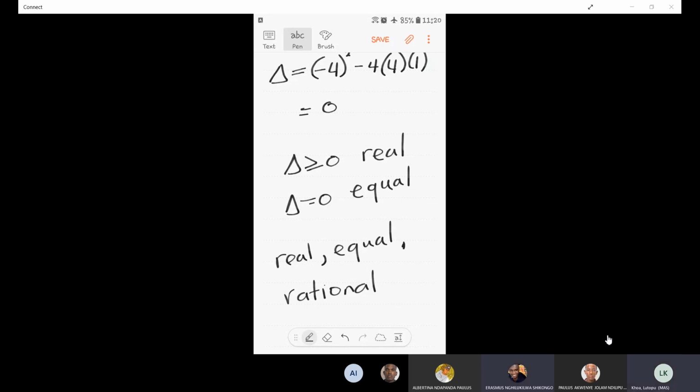Miss, why are we saying the discriminant is greater than or equal to 0? Is 0 not greater than or equal to 0? Like where you wrote the real. Yeah, it fits into this category, does it not?